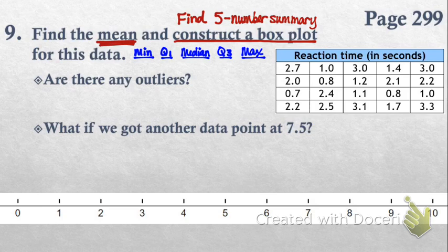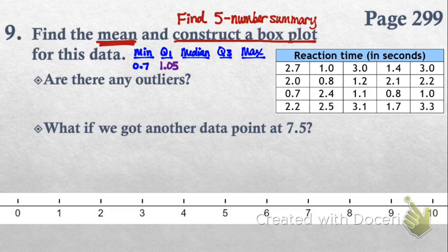What's the minimum value? What is the minimum or the smallest value? 0.7. Did anybody find the first quartile? Q1. Yep, 1.05 or 1.1 if you round it.